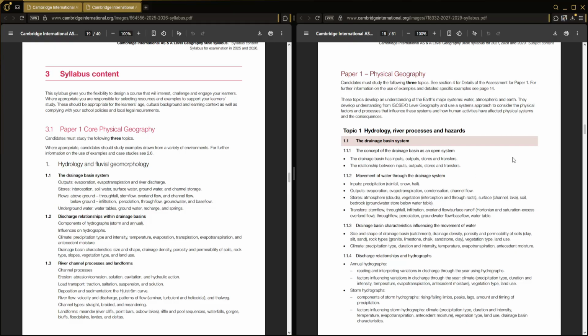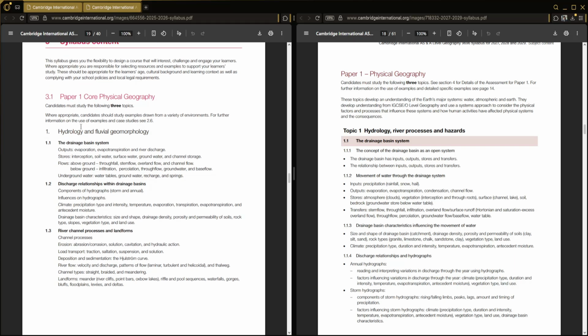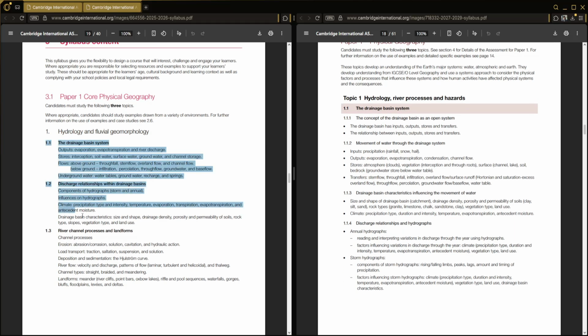Now for the actual content changes, let's start off with hydrology. The main changes in hydrology for 1.1 and 1.2 is not much. All they have done for these two subtopics is that they've merged it into one big thing. So it's talking about the drainage basin over here and also the drainage basin with some hydrograph over here.